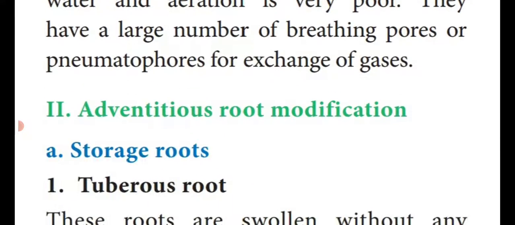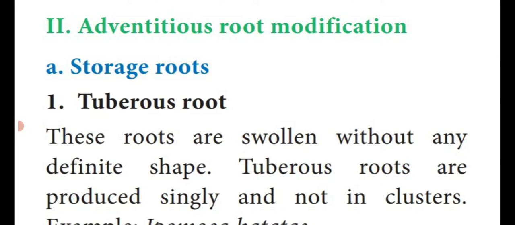Next, we are going to see adventitious root modification. What is an adventitious root? Roots which arise from any part of a plant are known as adventitious roots, isn't it? So this root modification is also divided into three important functions.